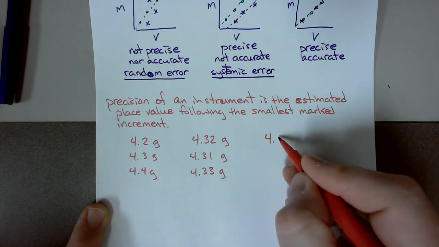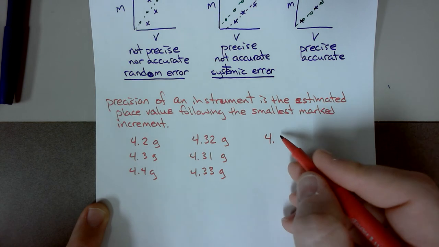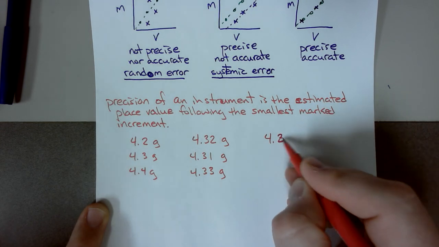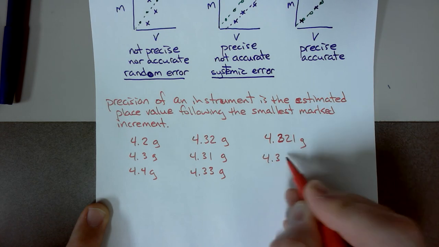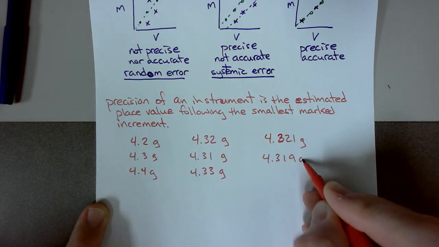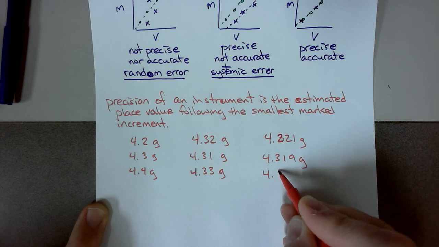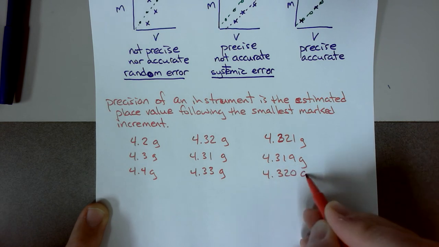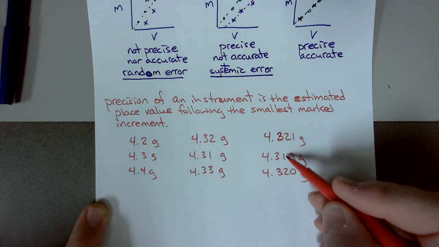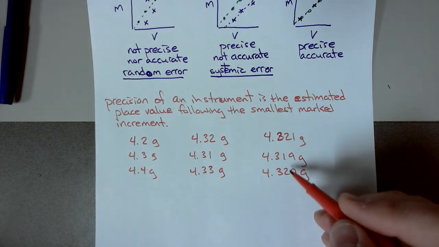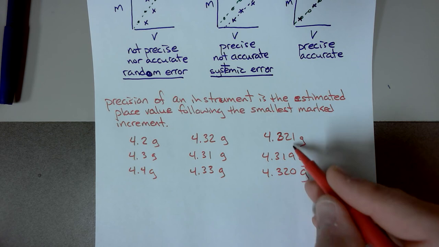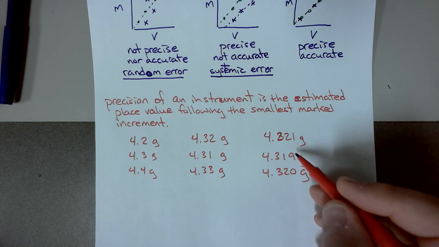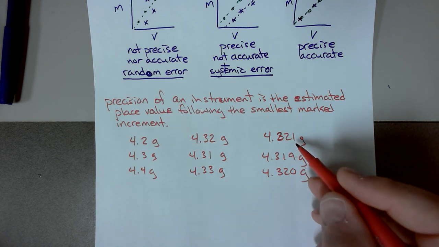So 4.321 grams, 4.319 grams and 4.320 grams. Now I know that the hundredths place is not exactly the same, but they are very, very close together, and the thousandths are close together too. So we've even grouped them closer together than they were before.